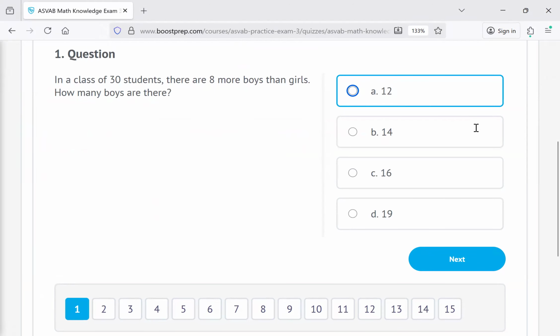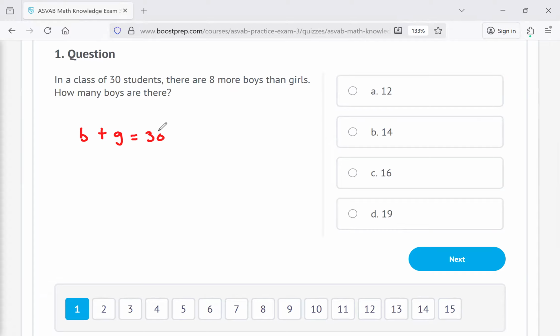Question 1 says, if in a class of 30 students there are 8 more boys than girls, how many boys are there? So what we have to do is come up with an equation. In a class of 30 students, there is a mixture of boys and girls, right?